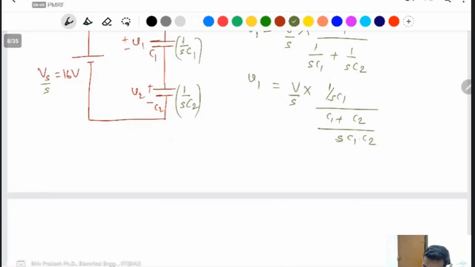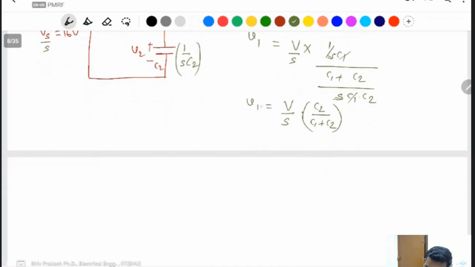This cancels out, and C1 and C1 cancel out, and you find V1 is V by S into C2 divided by C1 plus C2.